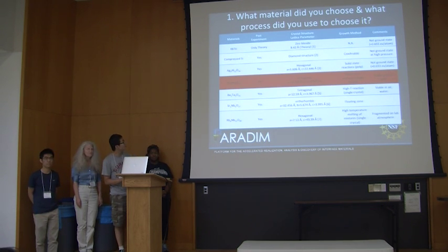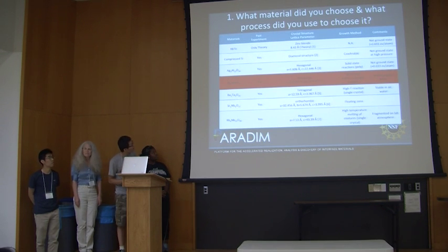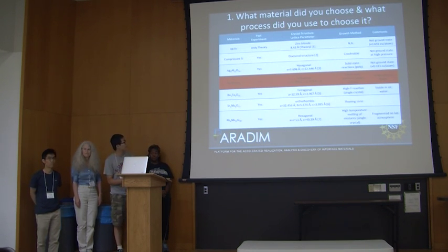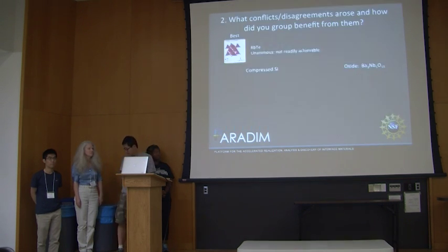And for the third one, we found that it's also not the ground state. And for the others, they suffer from problems such as not being stable or being difficult to synthesize in thin film form. So considering all of these factors, we chose Ba3Nb5O15.